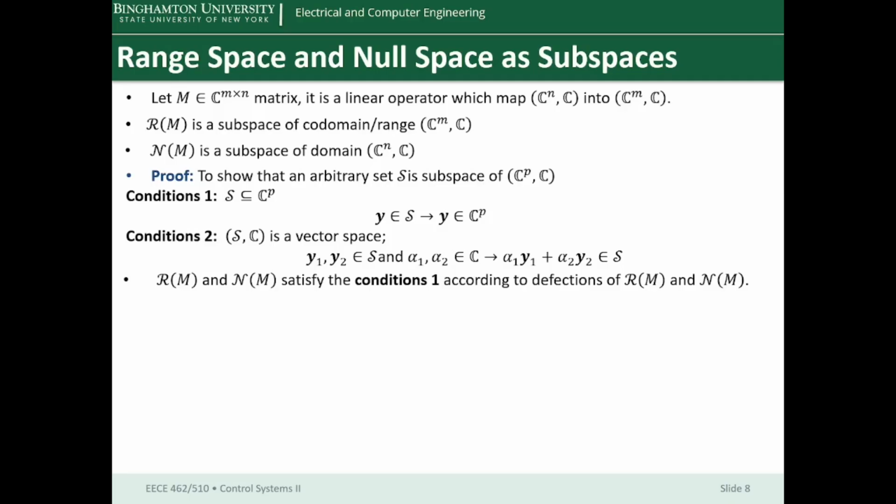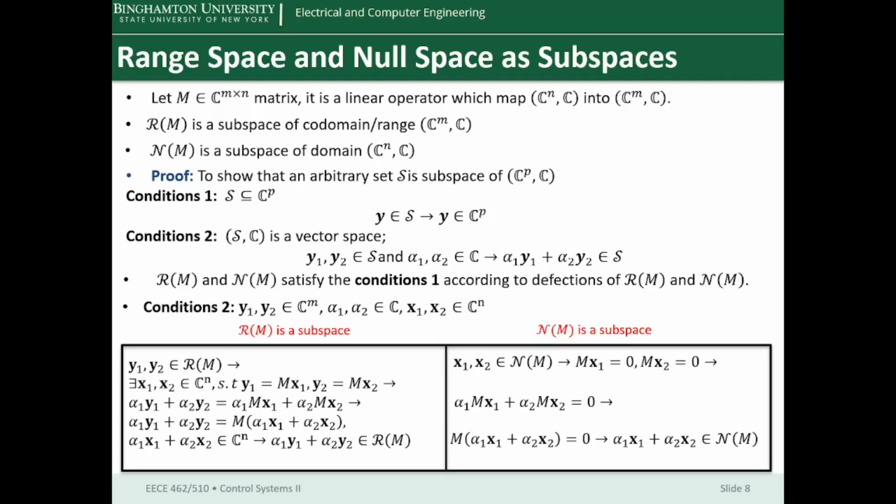Elements of the range space are outputs of M, so they belong to the codomain C^m, and elements of the null space are inputs of M, so they belong to the domain C^n. The second condition, linearity, is automatically satisfied because M itself is a linear operator and satisfies the linearity condition.